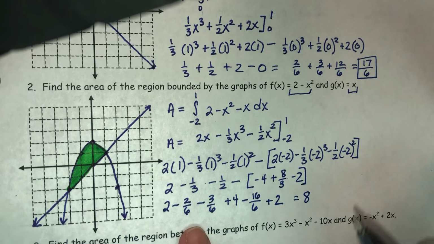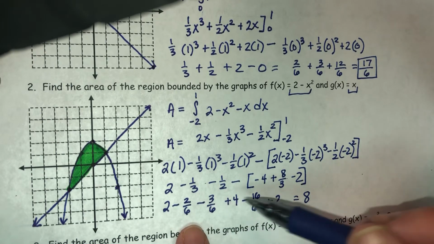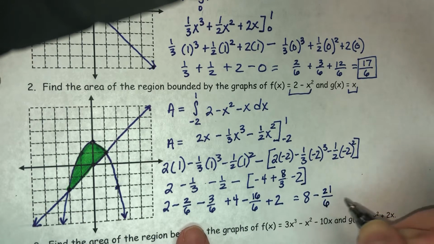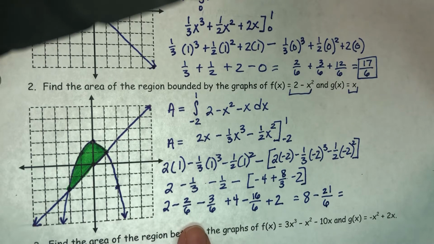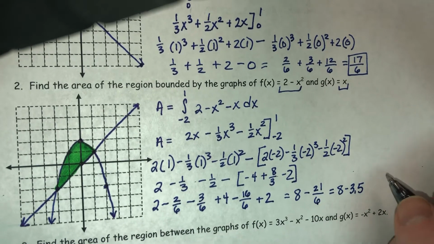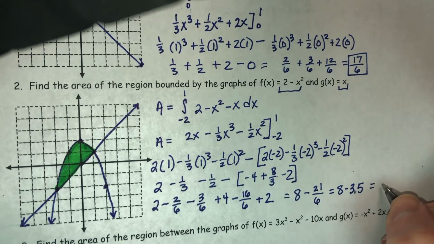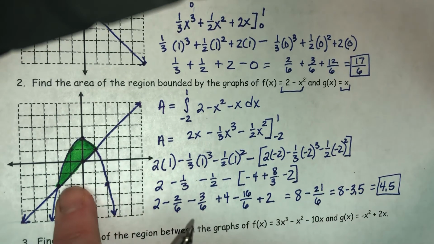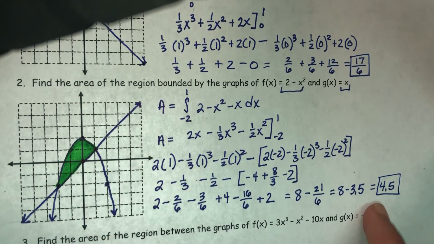And then negative 16 and negative 5 makes negative 21 over 6, which, let's see, 6 times 3 is 18, 6 times 4 is 24, so this is 8 minus 3.5, and then that is going to equal 4.5. So the area of this shaded region is 4.5 square units.